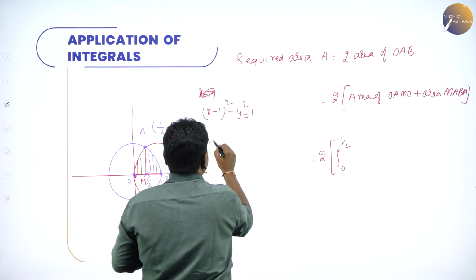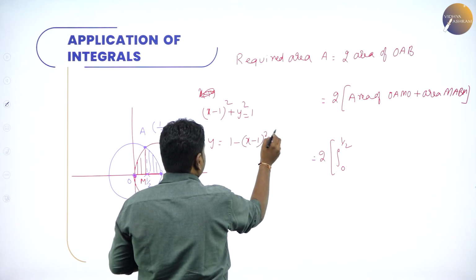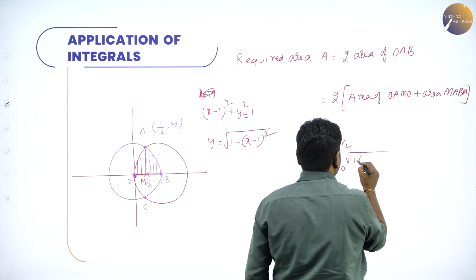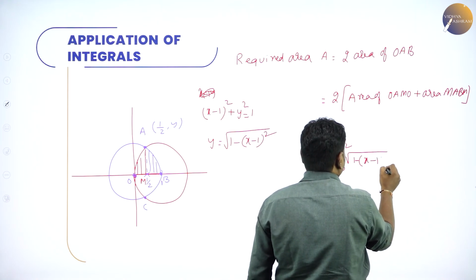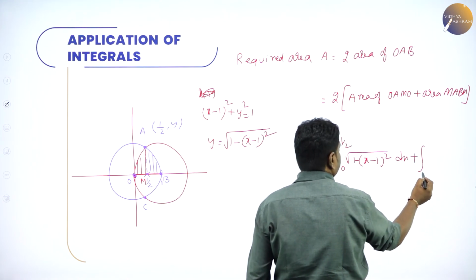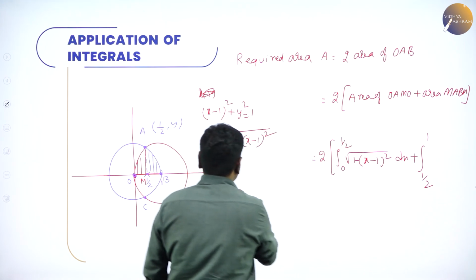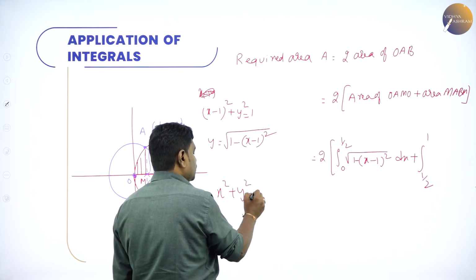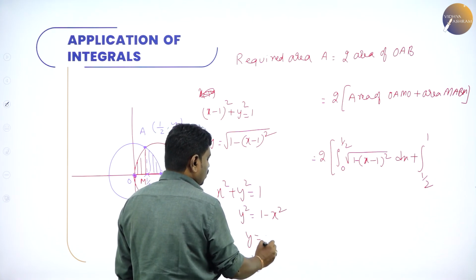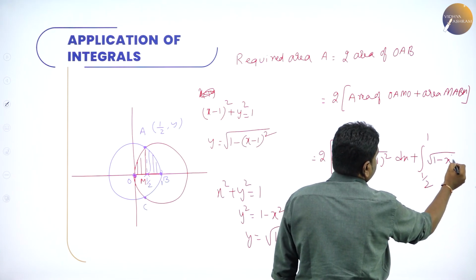From this, what is y? y is the square root of 1 minus (x minus 1) whole square. So the integral of root of 1 minus (x minus 1) whole square dx, plus the remaining part, from 1/2 to 1. The purple circle is x square plus y square equal to 1, so y square is 1 minus x square, and y is the root of 1 minus x square. So the integral of root of 1 minus x square dx.